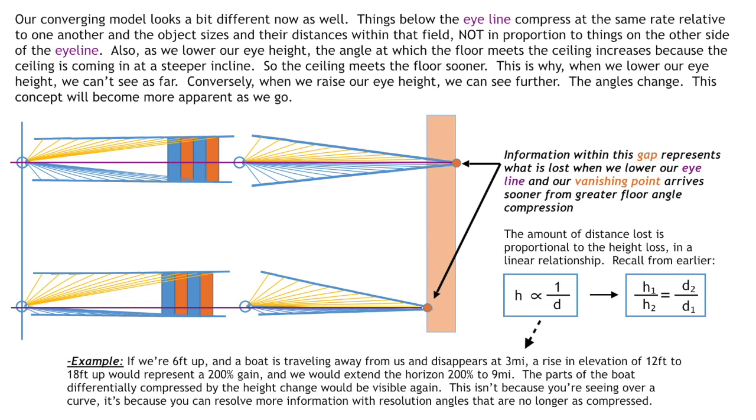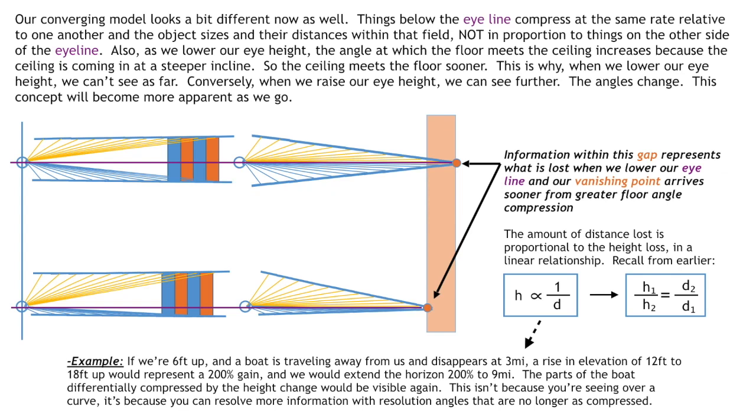If we're 6 feet up and a boat is traveling away from us and disappears at 3 miles, a rise in elevation of 12 feet to 18 feet up, so we're adding 12 feet to our 6-foot elevation to now 18 feet, would represent a 200% gain, and we would extend the horizon 200% to 9 miles, again 1-to-1. The parts of the boat differentially compressed by the height change would be visible again.